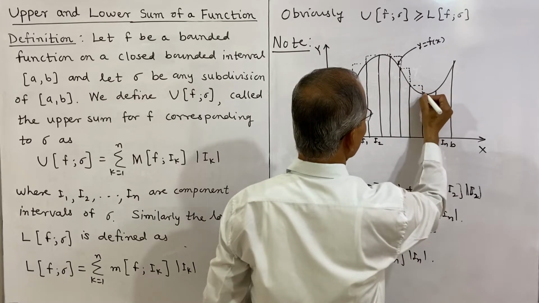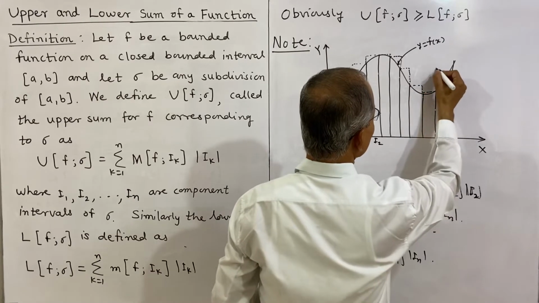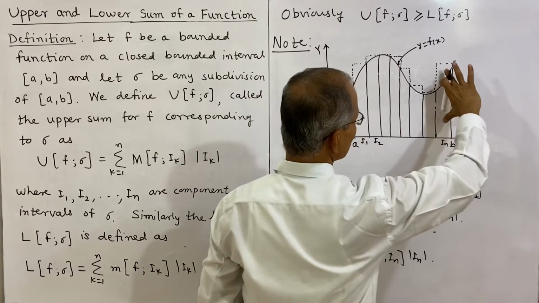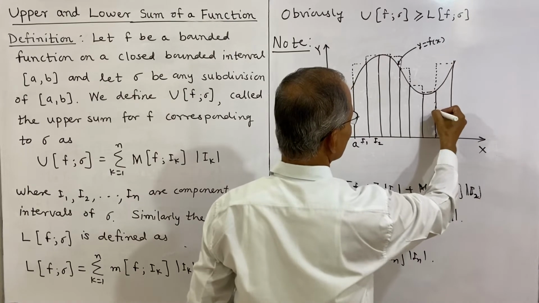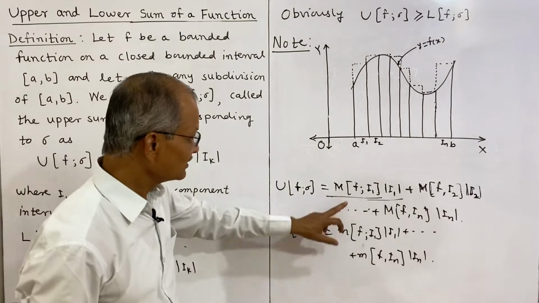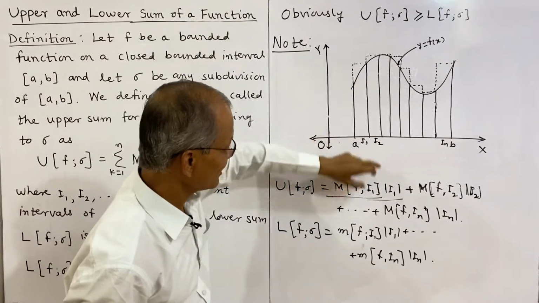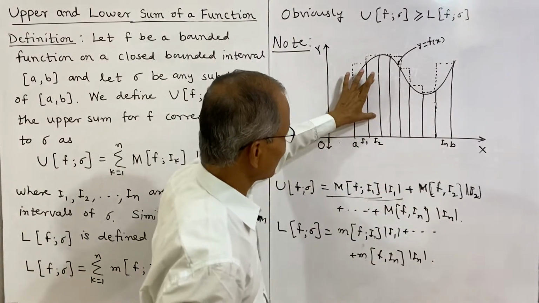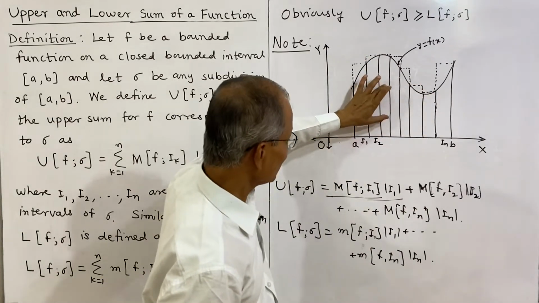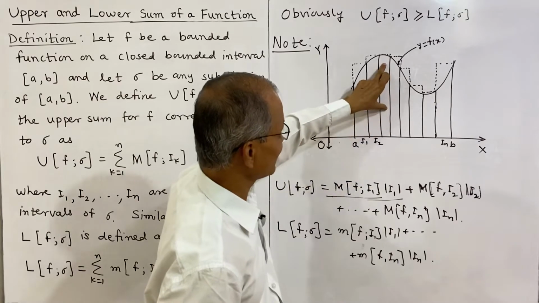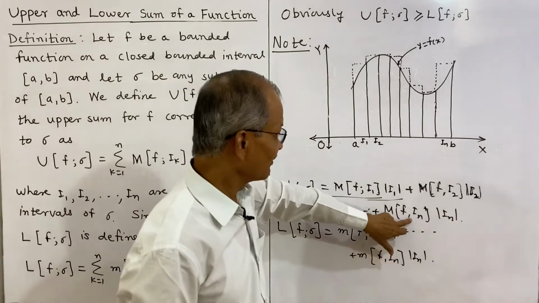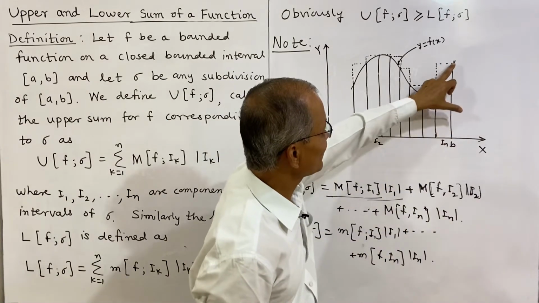So in this way we consider these rectangles, and for the last one, this is the maximum value. The upper sum means the first term represents the area of the first rectangle, the second term the area of the second rectangle, height into breadth. Similarly, the third term represents the area of this rectangle, and the last term is the maximum of f on IN, this height, which is at b.